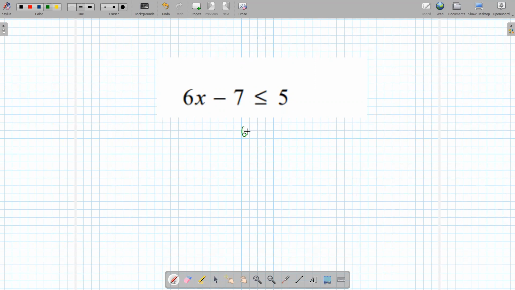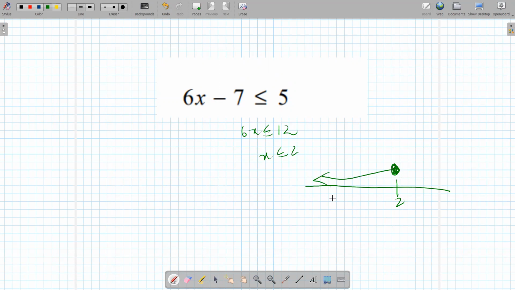Right. So you get 6x is less than or equal to 12. And now what? You divide by 6, right? So x is less than or equal to 2. If you want to denote this on the number line, start at 2, and then it's going to be a closed circle, goes left, okay?